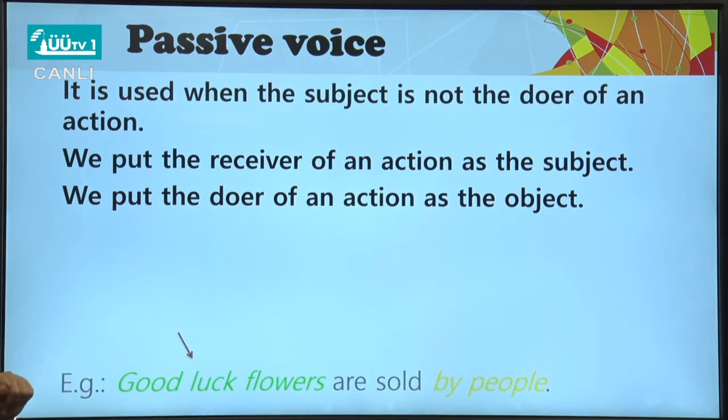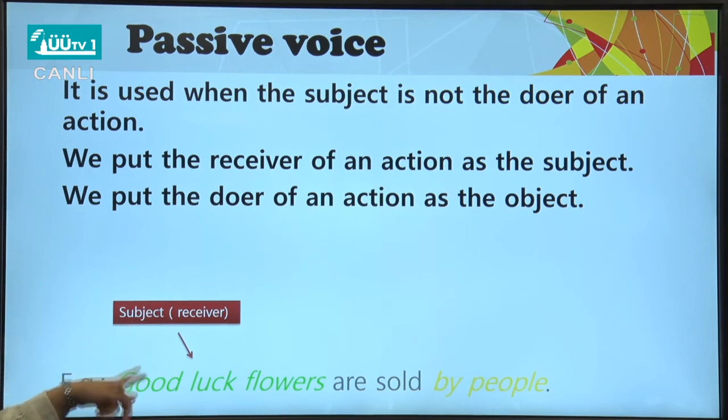As you see, good luck flowers are sold by people. This is an example of a passive voice, which we're going to talk about, like how we form our sentences into passive voice. So here, good luck flowers is the subject, which is the receiver of an action. It's not the doer, just the receiver of the sentence.